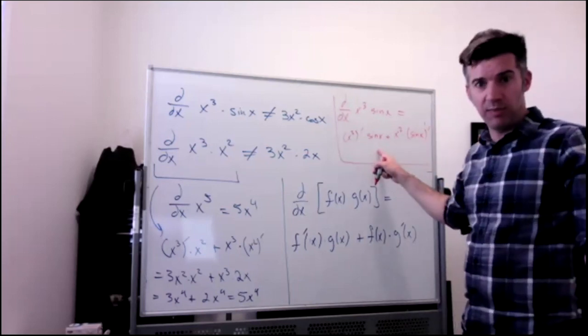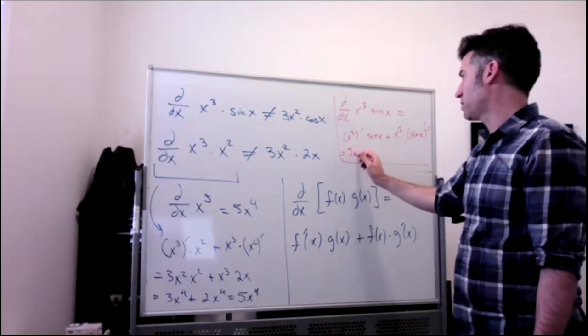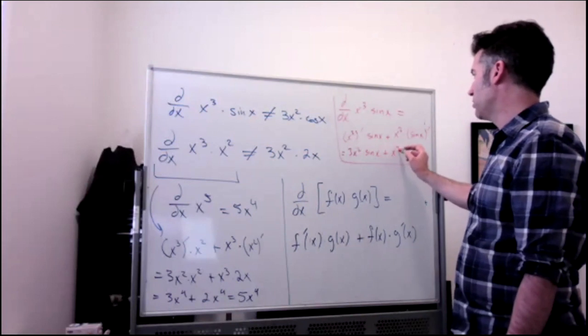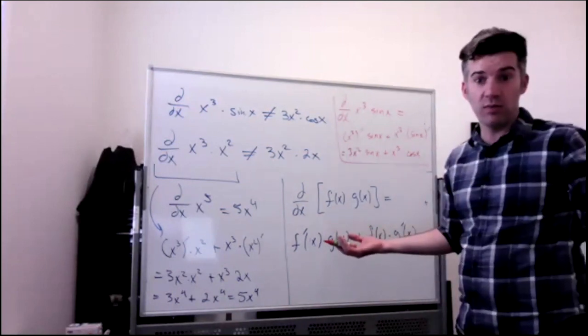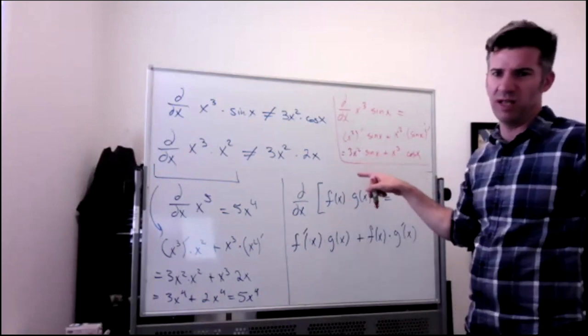I usually skip this step, but it's perfectly fine to write it. That's going to be equal to 3x squared times sine of x plus x cubed times the derivative of sine, which is cosine of x. And that's all we can do. We leave it like that. We don't, like you could factor out an x squared from each of these, but we almost never do that.